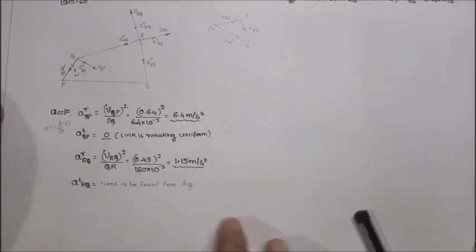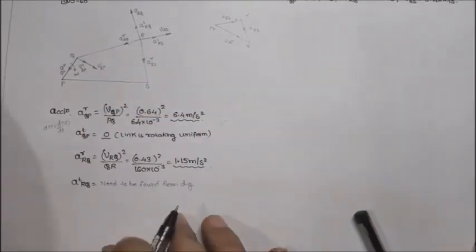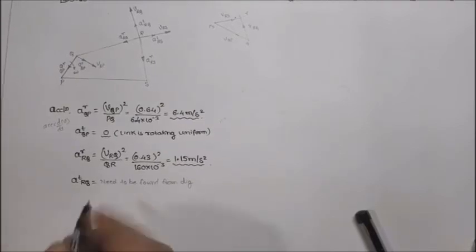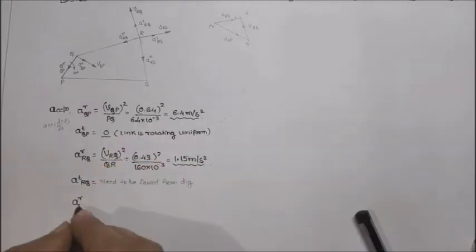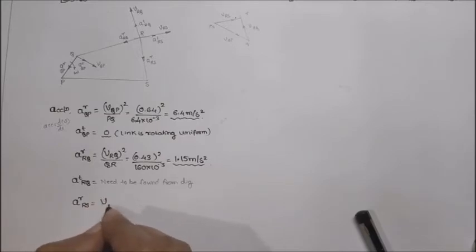Next, similarly for the next part, the radial acceleration for RS is equal to the velocity of RS to the power 2 divided by RS.